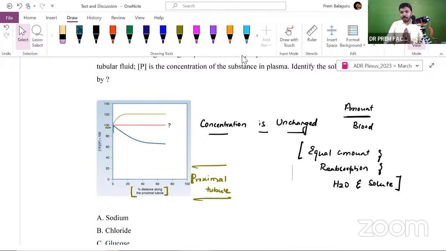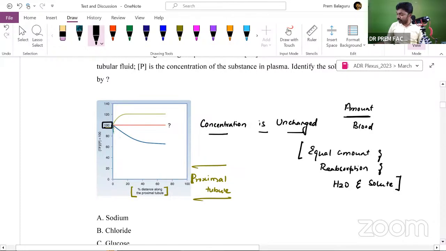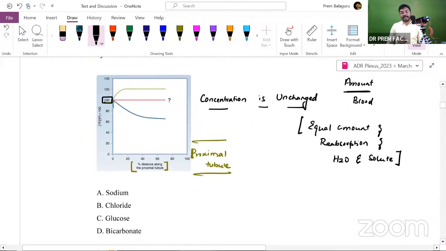When the movement of water and the particular solute is parallel in the same quantity, the net concentration of the solute is going to be just the same, and the concentration remains static and steady, doctors. So that is what the red line is explaining to us.